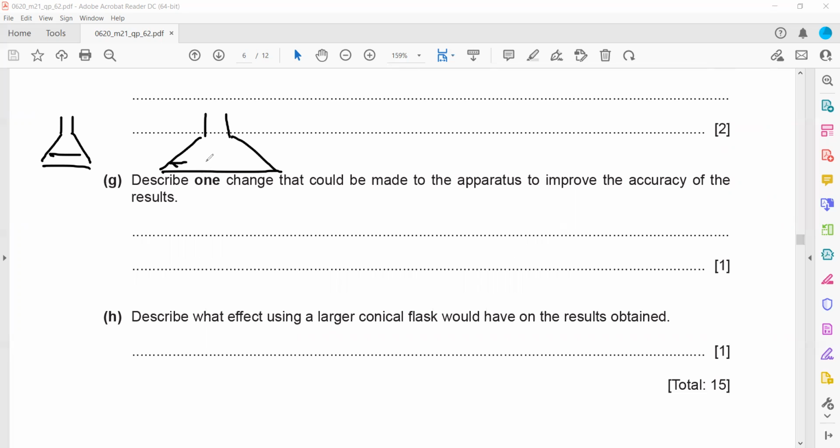But if you use the same 25 cm cube of KOH in a small conical flask and in a large conical flask, we need the same amount of acid for a complete reaction. So there will be no effect if we use a large or a small conical flask. So remember, in a titration experiment, the size of the conical flask does not affect how much acid or alkali is needed for a complete reaction.